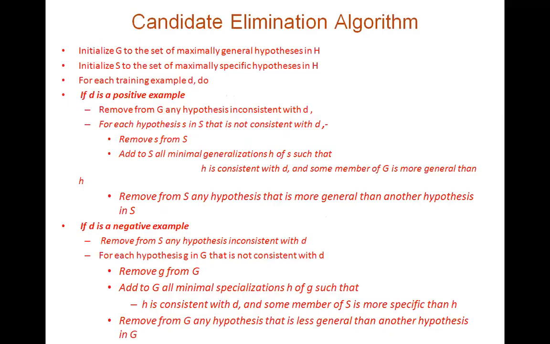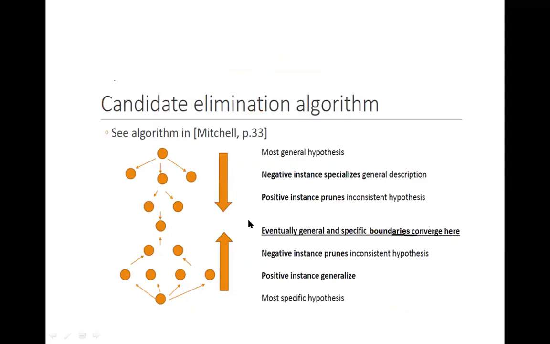You will understand. The algorithm looks very big and complicated, but it is not. See, if D is positive, whatever things you are doing, exactly the opposite you have to do if D is negative. So if you learn only this part of the algorithm, the same thing you can write here. Here we alter S, here we alter G. It can be concluded like this.